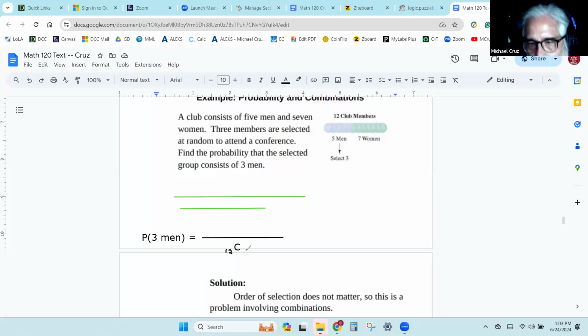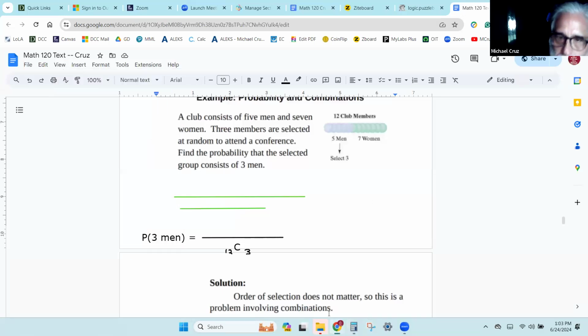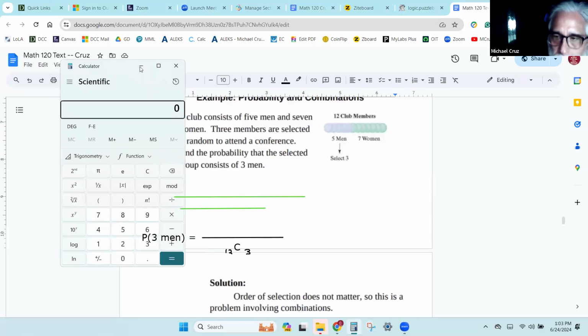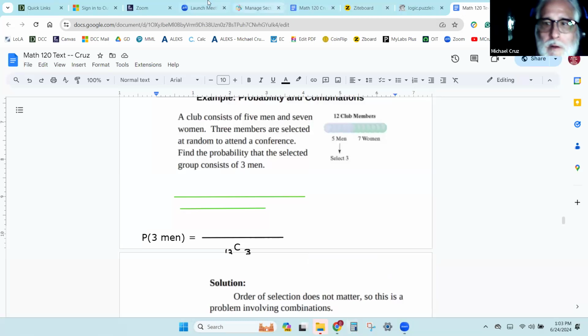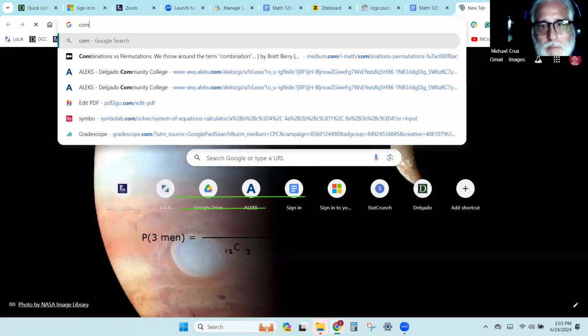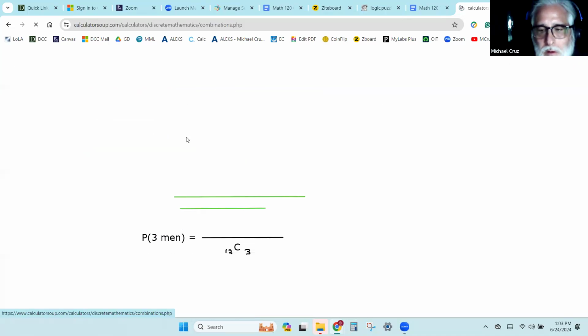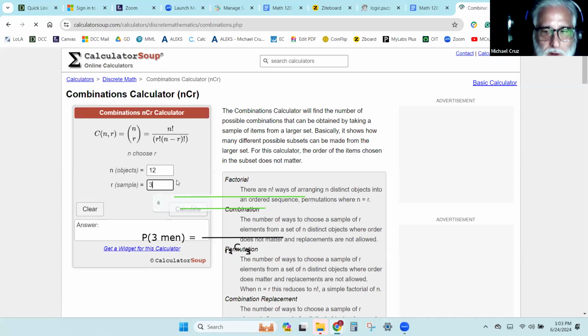And out of those 12, we're picking 3. So if we just look at that bottom number, we got 12 and we're picking 3.